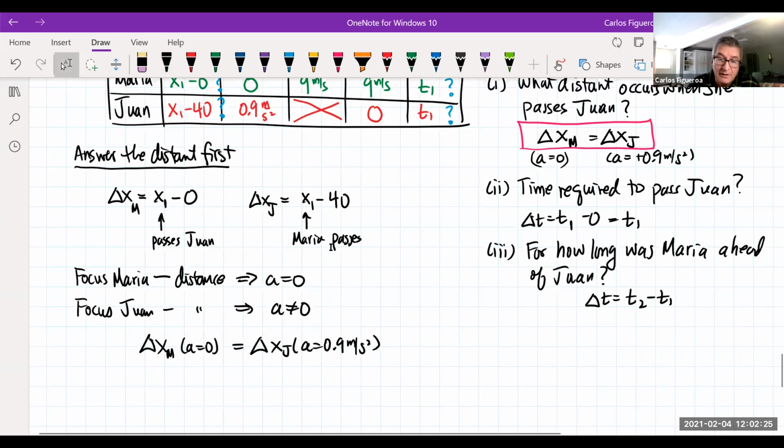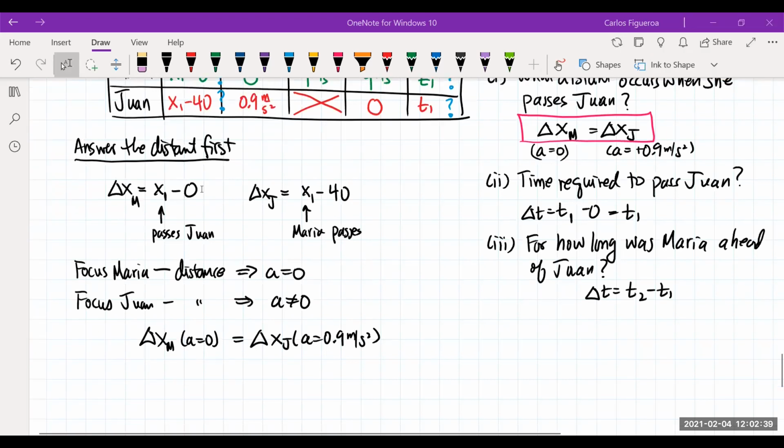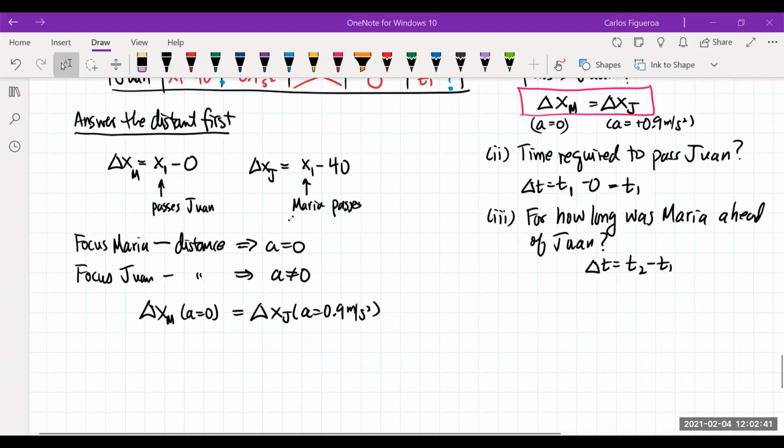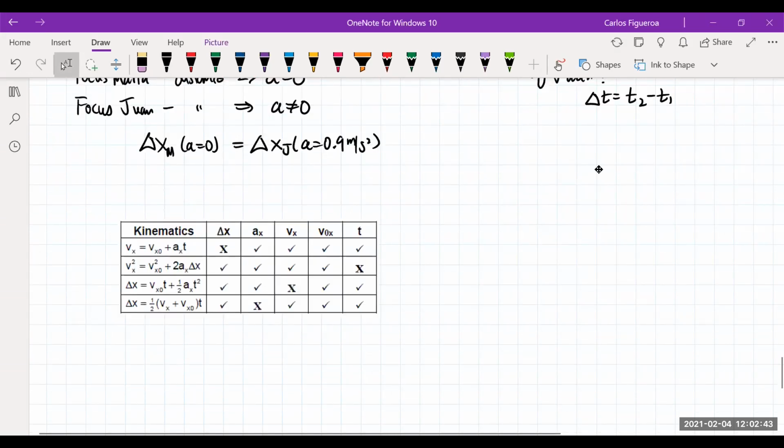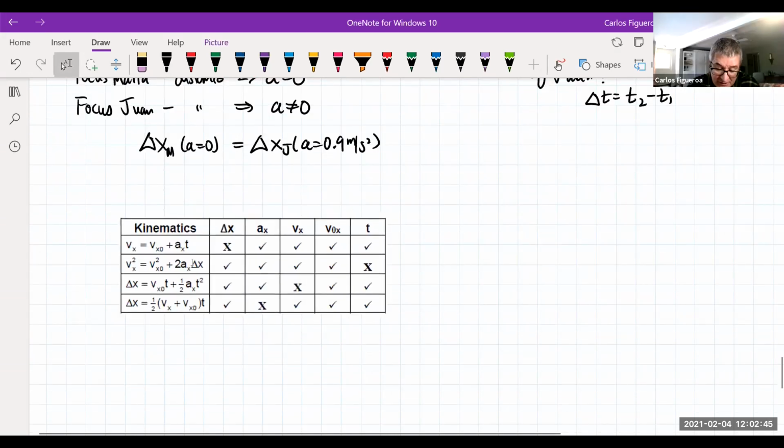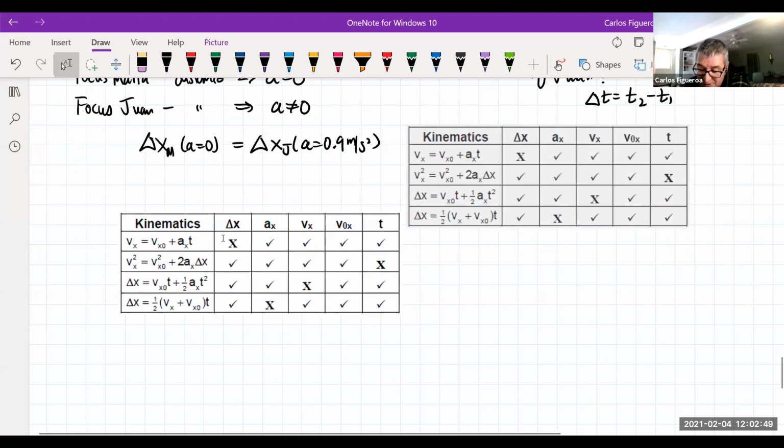So I have 2 different sets of equations. Then I'm going to go to the kinematics table, let me go grab that. I'm going to put this over here. And then I'm going to ask, what motion gives me 0 acceleration?